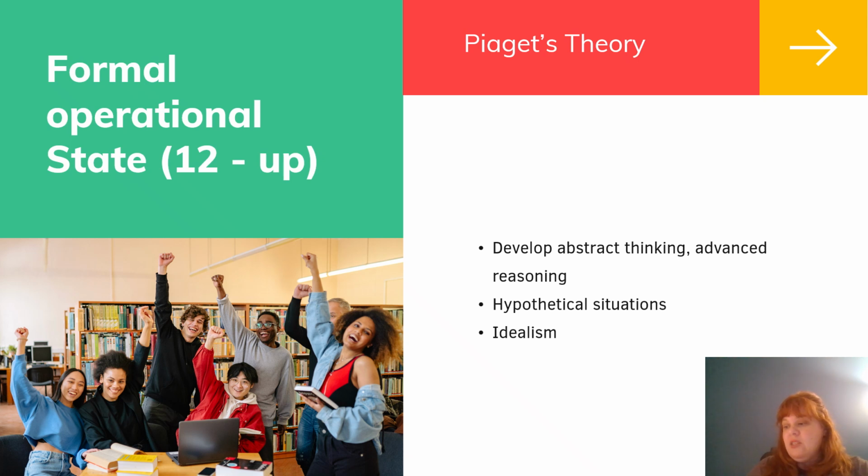This is where you see a lot of idealism coming from students, like, well, this is the way it should be, because they're able to understand theoretical things and what would be the perfect way for things to be in a perfect world.